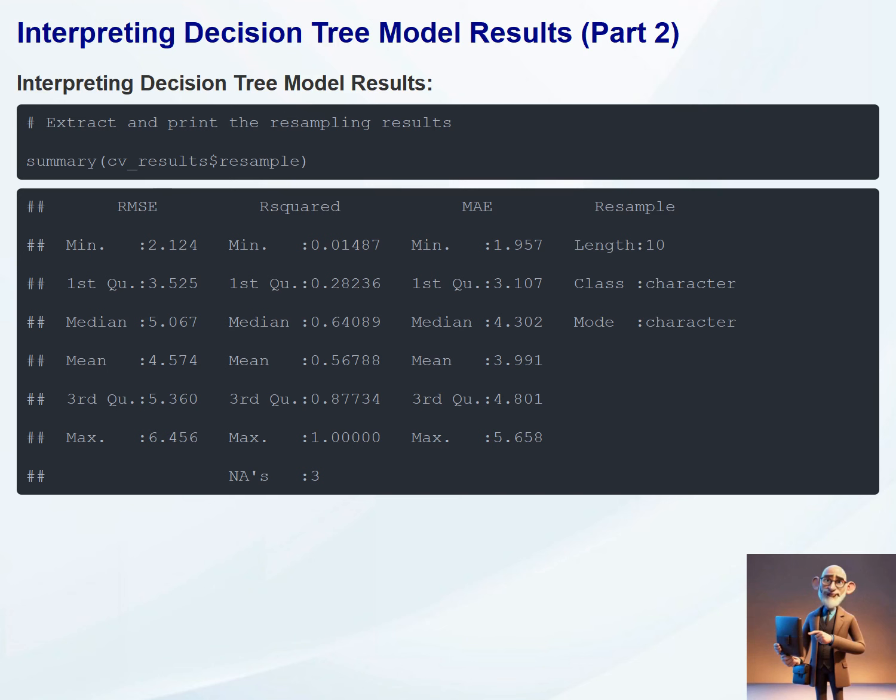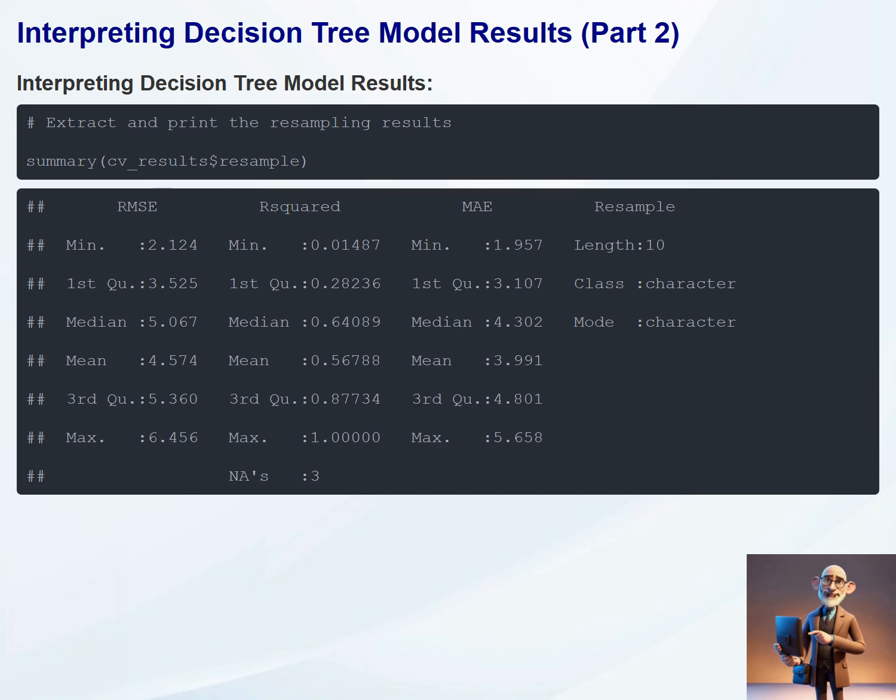Accuracy. This metric measures the overall correctness of the model's predictions. Higher accuracy values indicate better overall performance. Kappa. The kappa statistic measures the agreement between predicted and actual values, correcting for the possibility of random chance. Higher kappa values suggest better than random agreement.